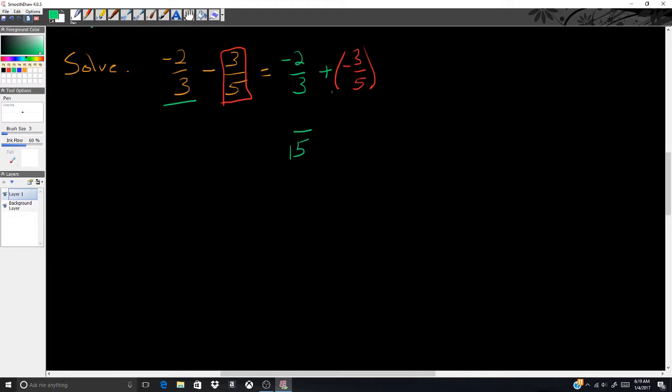So 15 there, and switch to red so I'm consistent here, and 15 here. So all I did is make a common denominator between 3 and 5 by multiplying them together, and I got 15. So now I've got to change the numerators. I change them by the same factor that I changed the bottom. So let me go back to green because we're going to do that one first.